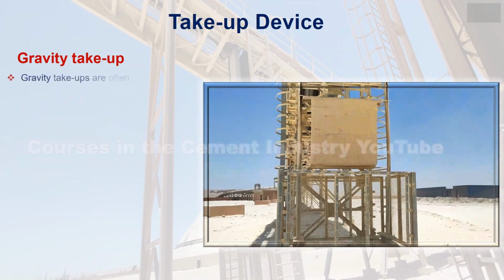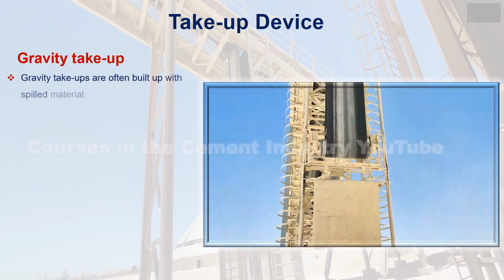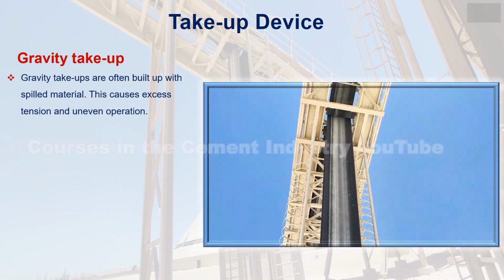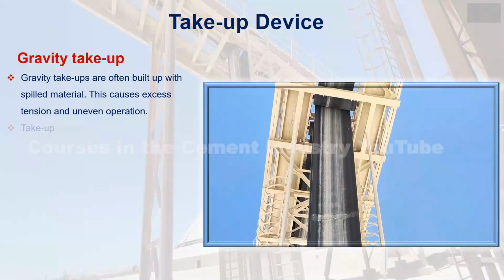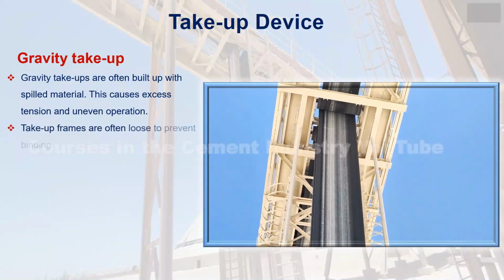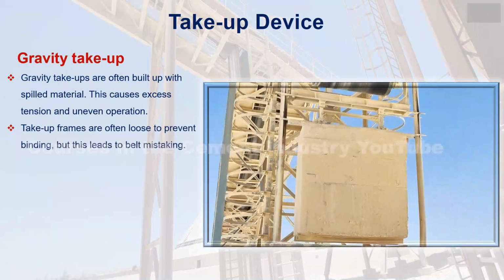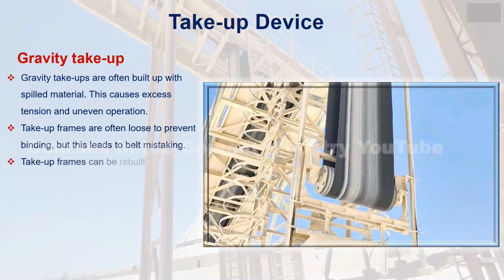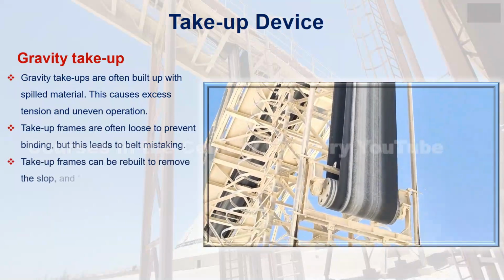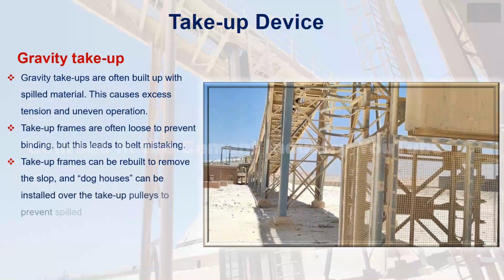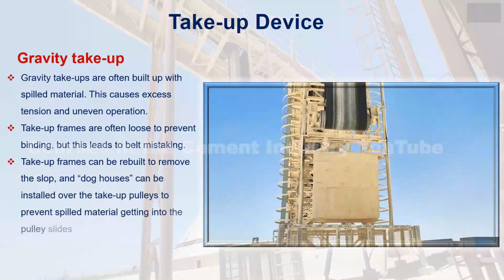Gravity take-ups are often built up with spilled material. This causes excess tension and uneven operation. 2. Take-up frames are often loose to prevent binding, but this leads to belt mistracking. 3. Take-up frames can be rebuilt to remove the slop, and doghouses can be installed over the take-up pulleys, to prevent spilled material getting into the pulley slides.